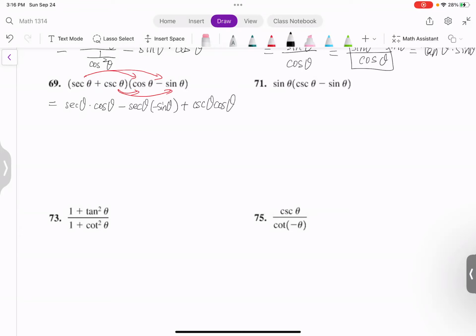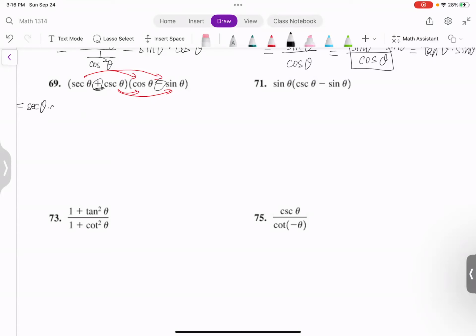And then this is positive, negative. I'm having negative cosecant theta times sine theta. I pull out the negative sign to here. Let's make it smaller. It's too big. And my next question has no space. So let's rewrite it.